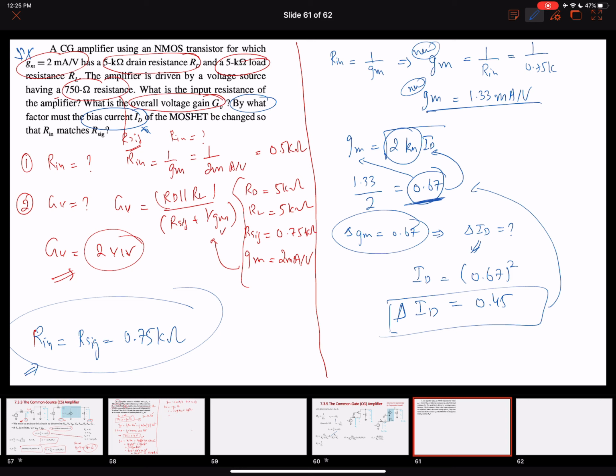When we match this resistance, we get a new GM value, and the change in the GM value was by this factor 0.67. In order to produce this change in GM, we need to change the drain current by a factor of 0.45. So with that, this was our final example that I wanted to do.